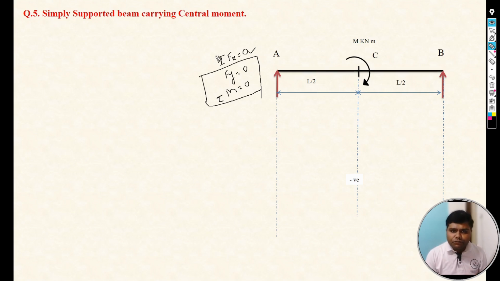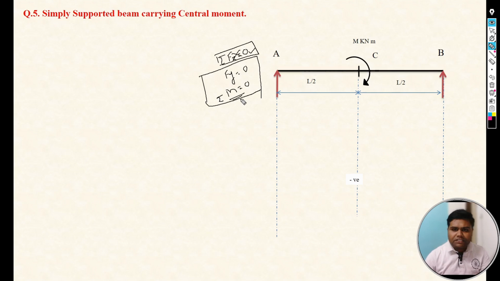So we calculate the support reactions using summation Fy and summation M equals 0, and first we use summation M equals 0.